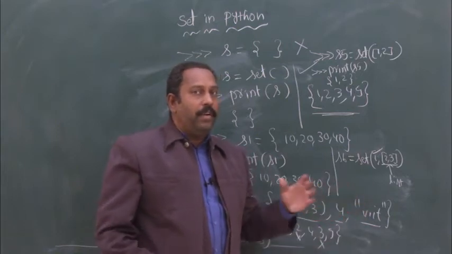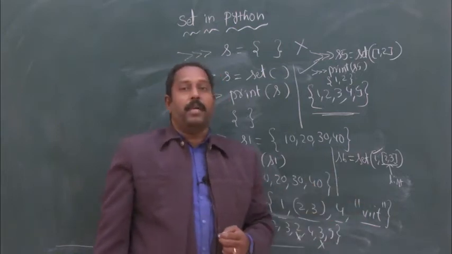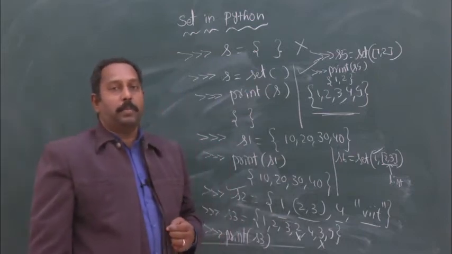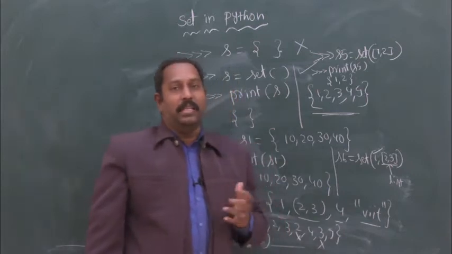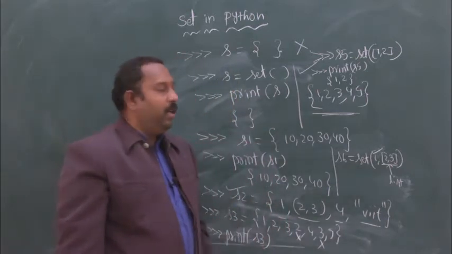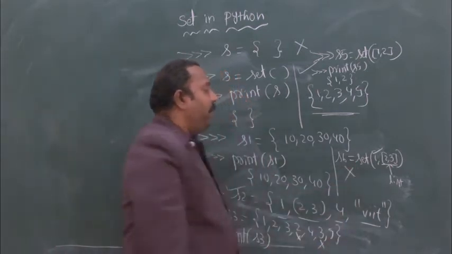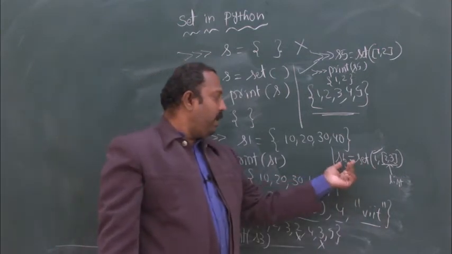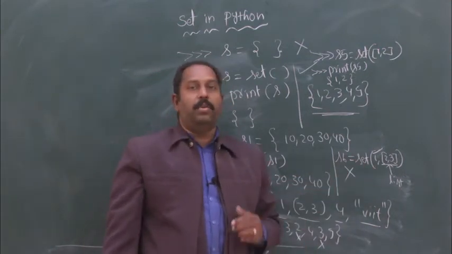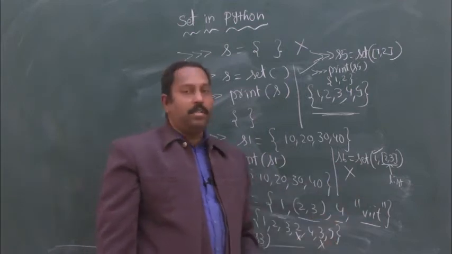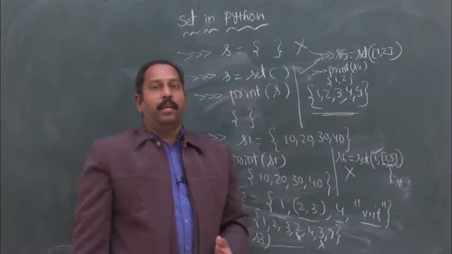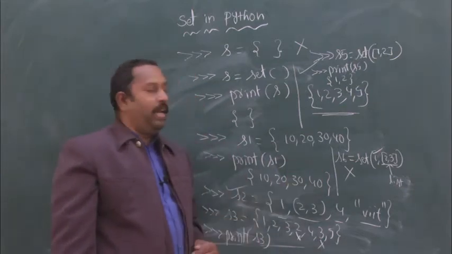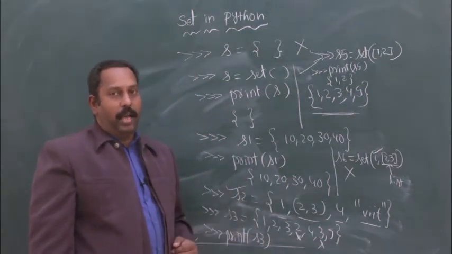But what is the point we have discussed? Set items must be immutable. So the item cannot be represented as a list. If you represent like this, you will get an error. If you print S6 you will get an error, because list is not allowed as a set item, because set items are immutable, but list is mutable. That's why it is not allowed.